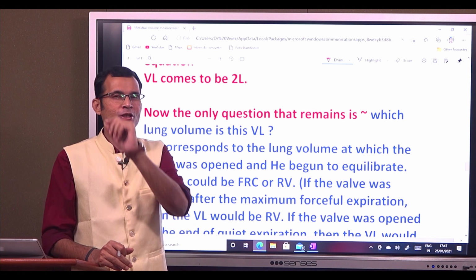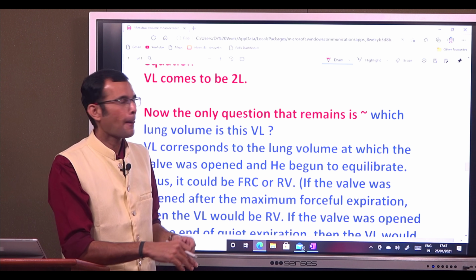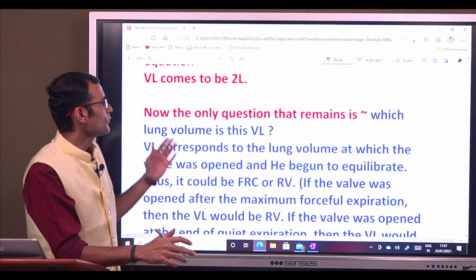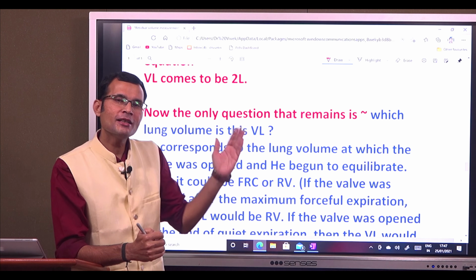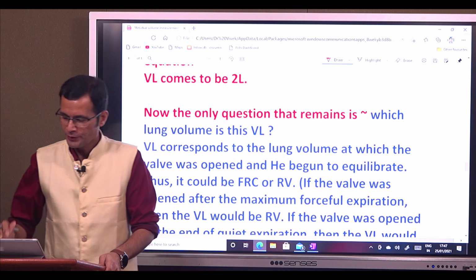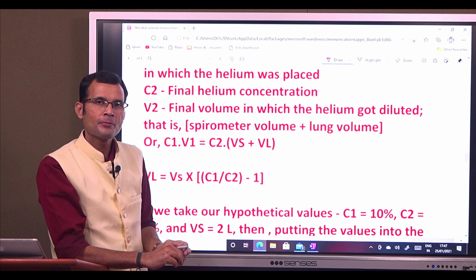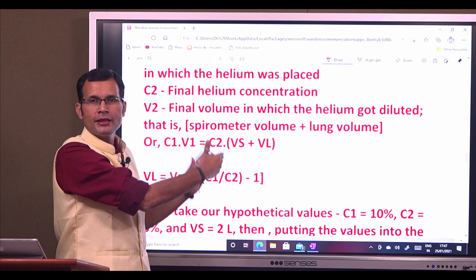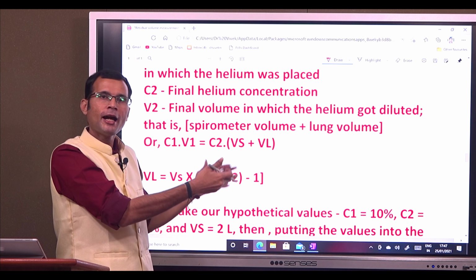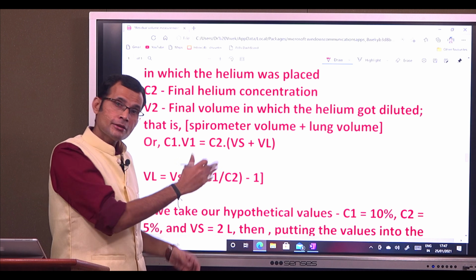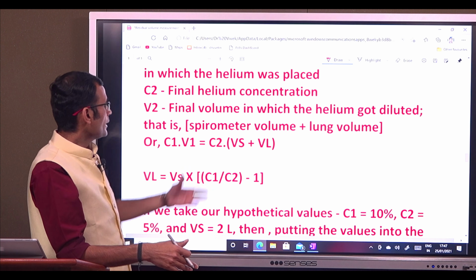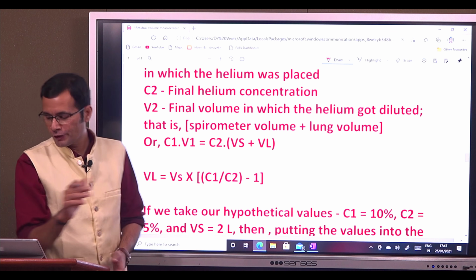Now the only question that remains in all this is, which lung volume is VL? Look, we have sorted out everything. We knew all the other things like spirometer volume and concentrations of helium C1 and C2, and then we calculated by solving the equation.